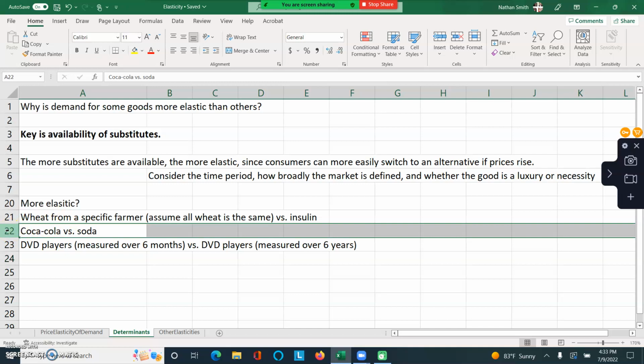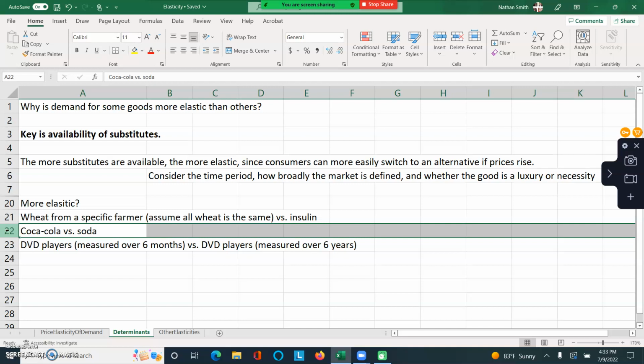Coca-Cola versus soda. Kind of tricky, but here's the answer. Coca-Cola is going to have a higher elasticity than soda in general, and that's because there are more substitutes for Coke. If Coke became really expensive overnight, I could maybe buy Pepsi.